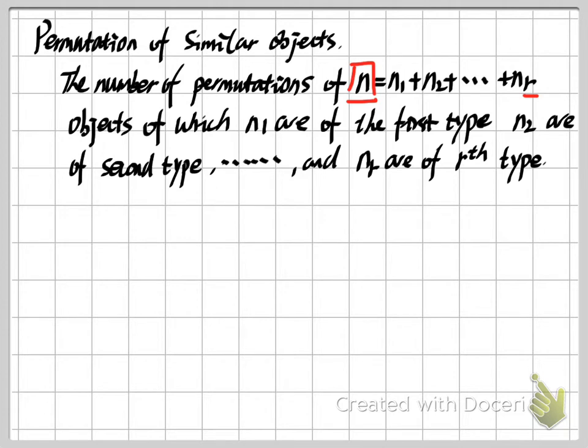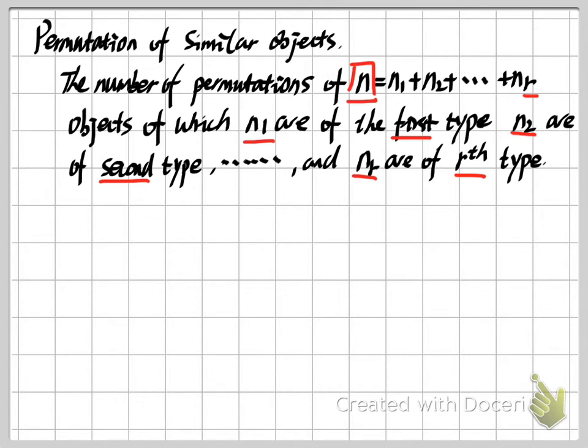For the first type, we have n1 objects. For the second type, we denote this by n2 objects, until the n sub r objects, which all look similar, and we call this the nr type.